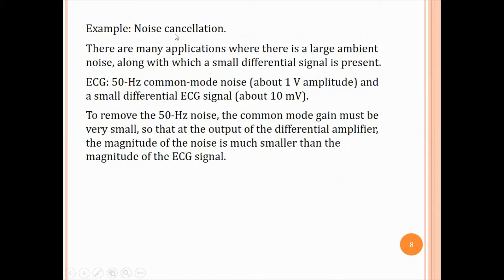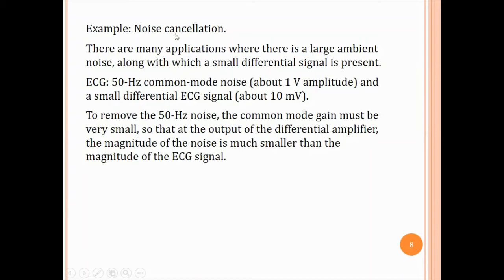And the power lines of course have 220 volts, but by the time the electromagnetic field around the wires is picked up, it can be anywhere between 1 and 10 volts. So that 1 to 10 volts of 50 hertz picked up reaches the differential amplifier, which is the first thing the electrodes encounter.